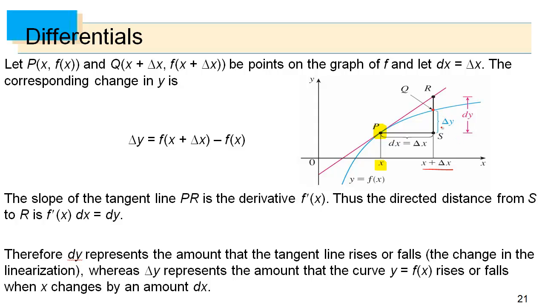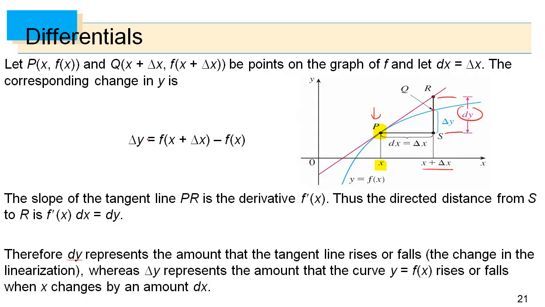And this change in height, this delta y, corresponds with this change in x. But if we're dealing with the linear approximation, the slope of the tangent line, the tangent evaluated at P, we get this line, and if we evaluate this linear function at this same x plus delta x, instead of getting this height, we would get this height up here. We'd be up here at R, and that's this height of dy.